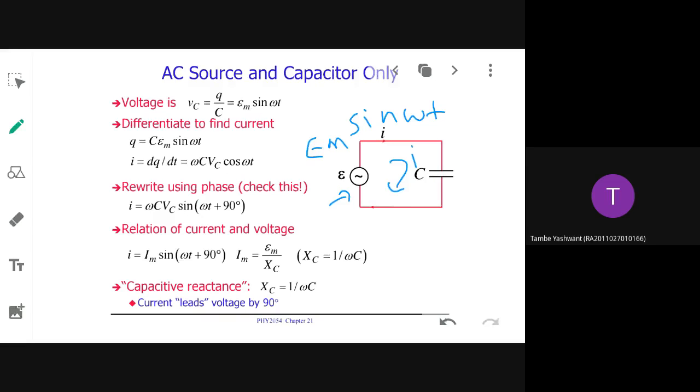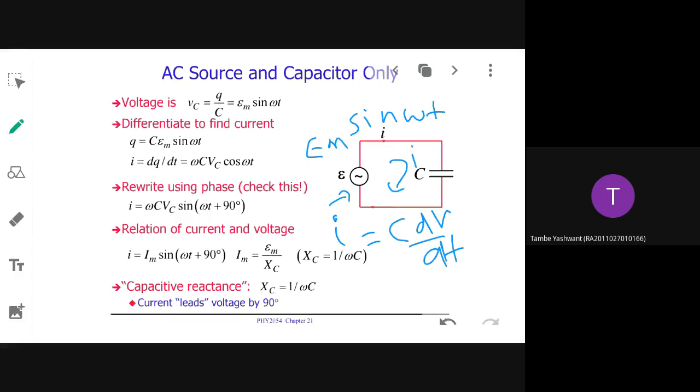What is my I here? I is equal to C dV by dt. That is the relationship for voltage and current for a capacitive element.